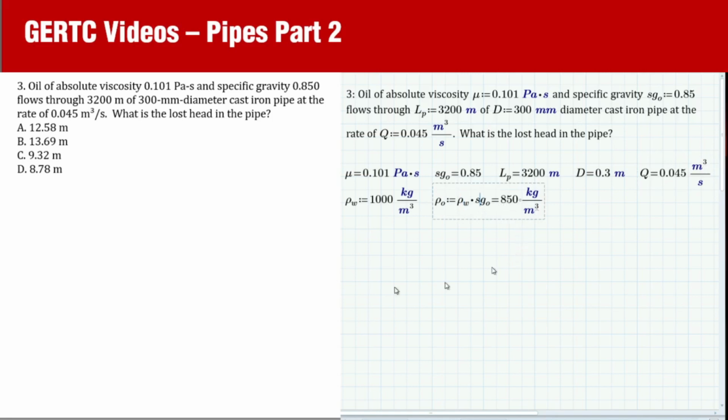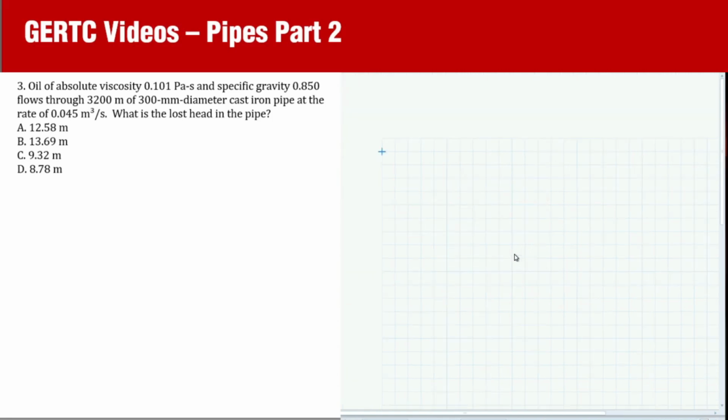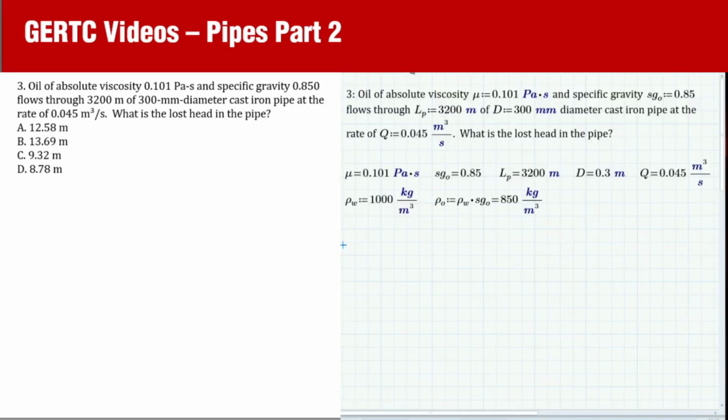So that's 850 kilograms per cubic meter. To get the kinematic viscosity, nu is equal to mu divided by the density of oil. The unit now is square meter per second.